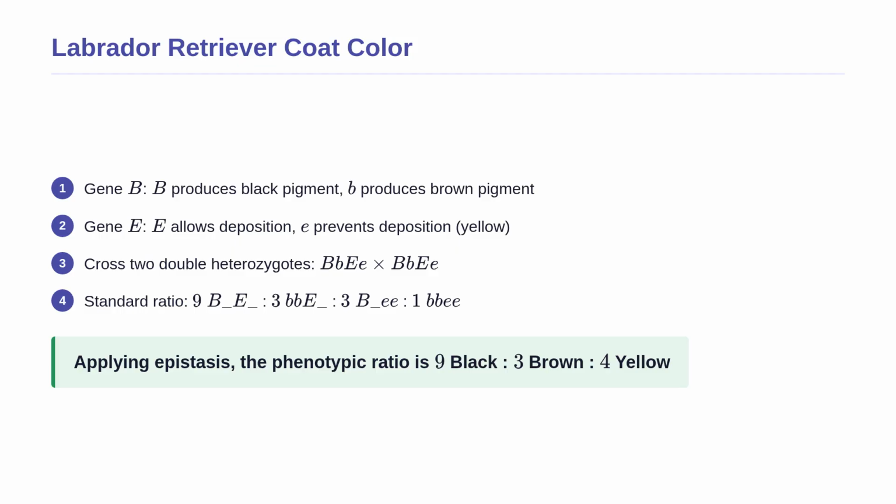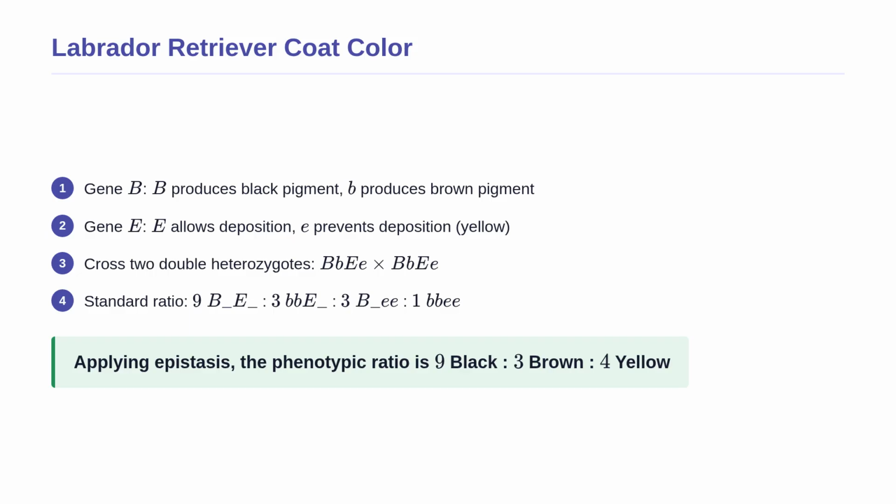Let us see this formula in action with a classic real-world example involving coat color in Labrador retrievers. We are given two genes. Gene B determines the pigment color, where dominant is black and recessive is brown. Gene E determines if the pigment is deposited, where the recessive EE prevents deposition, resulting in a yellow coat.